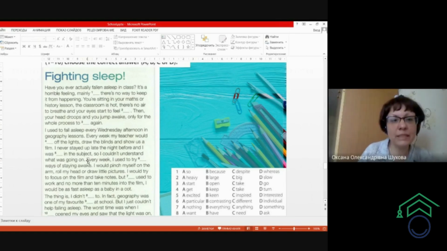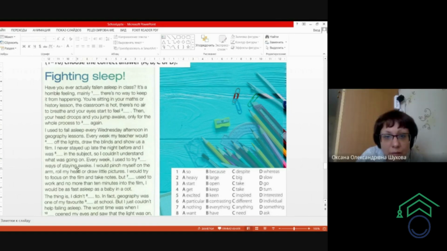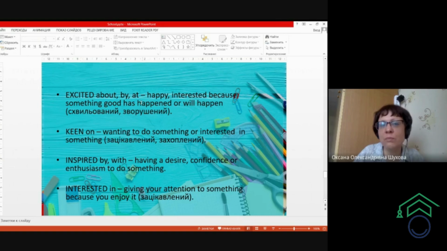Чому ви обрали interested in? Because it's used with in. Ага, окей. It's used with in. Добре, давайте подивимося, з якими прийменниками використовуються інші слова. Excited. So, do you have any ideas, actually? Maybe you know. Excited about. Okay, excited about, by, at. Yeah, it means happy or interested because something good has happened or will happen.